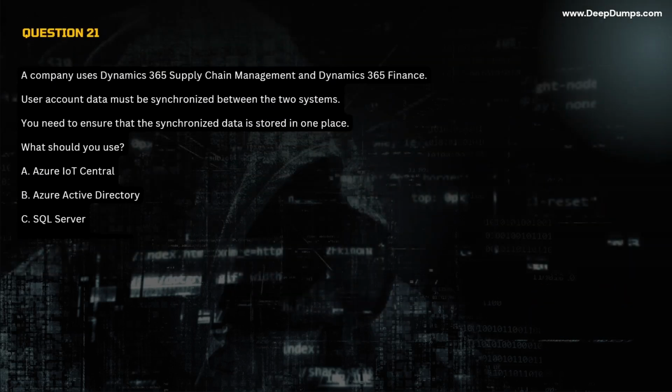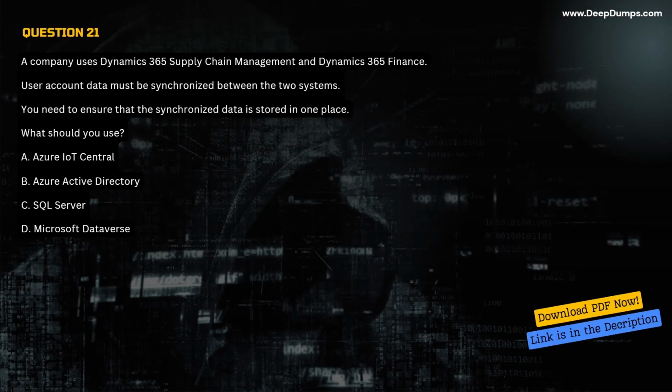Question 21. A company uses Dynamics 365 Supply Chain Management and Dynamics 365 Finance. User account data must be synchronized between the two systems. You need to ensure that the synchronized data is stored in one place. What should you use? A. Azure IoT Central.